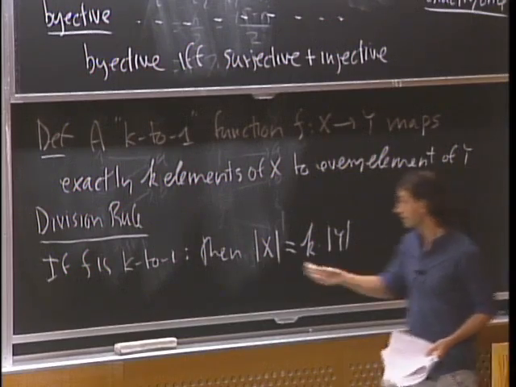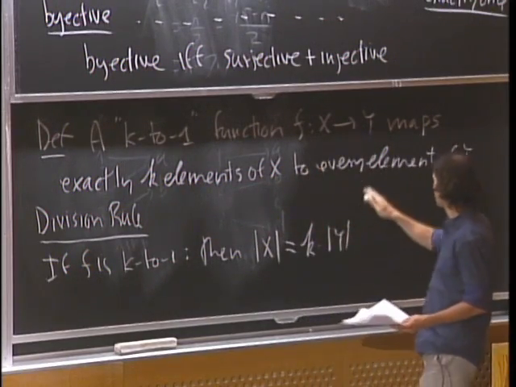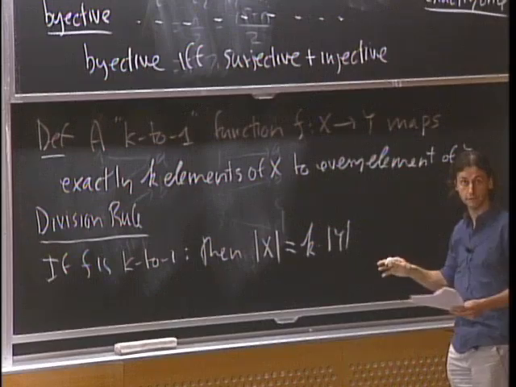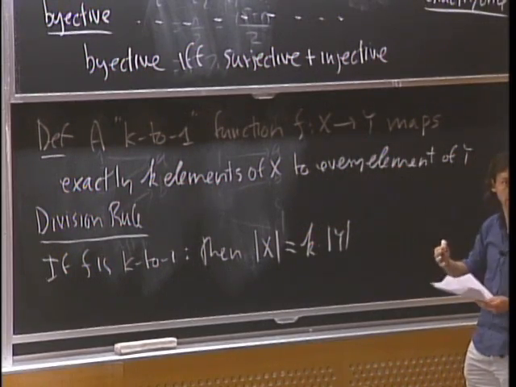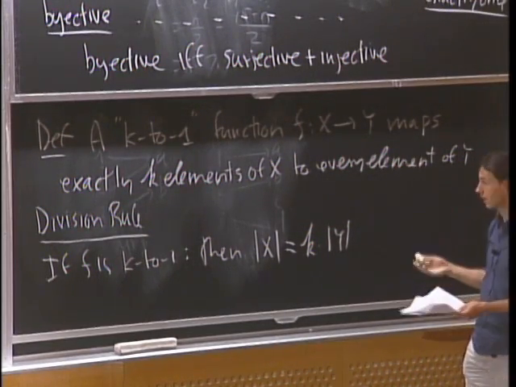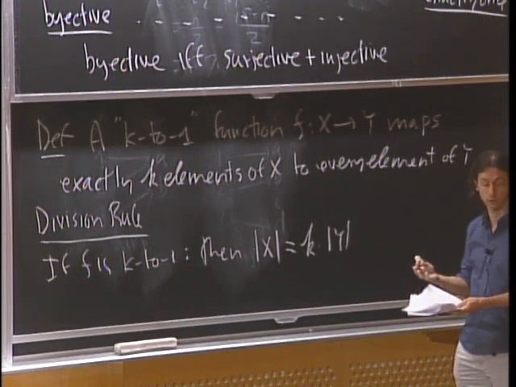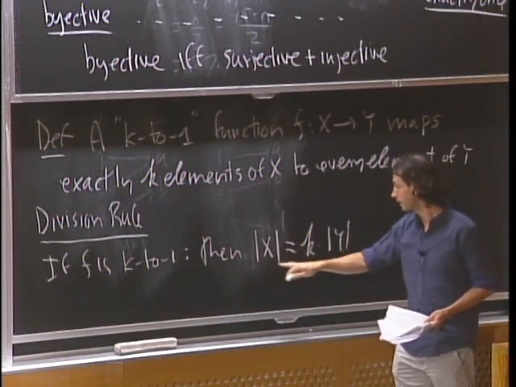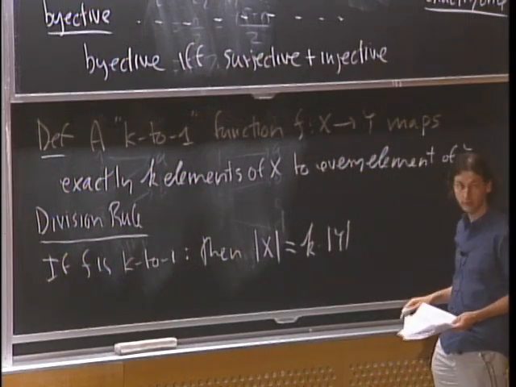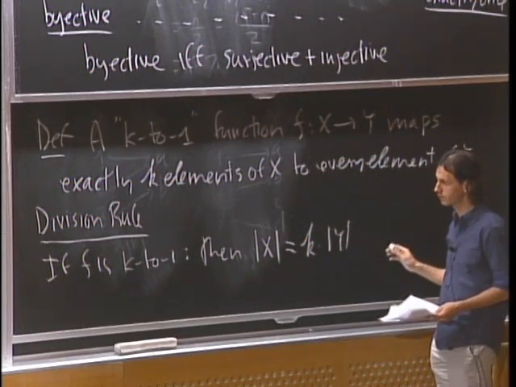And why is that? Well, exactly k elements of x map to each element of y. So we have the first element of y, we have k elements of x that map to it. The second element of y, k elements map to that one. So we know that the domain is exactly k times the size of the range.